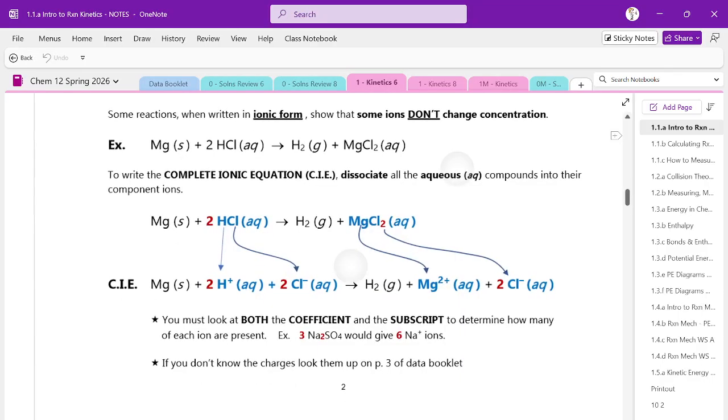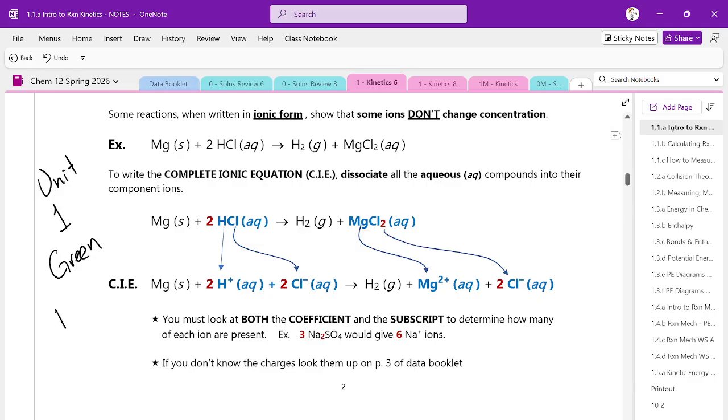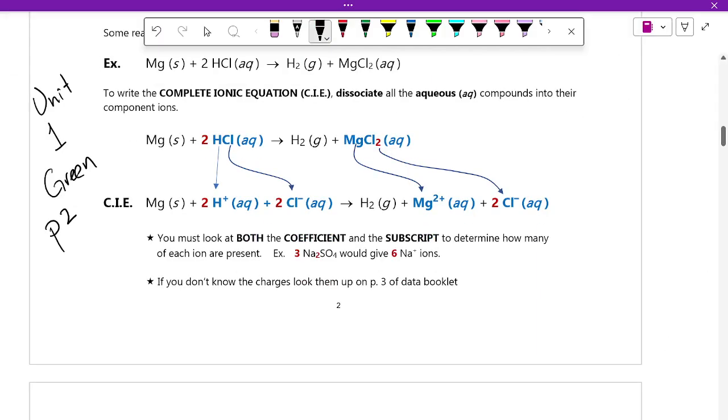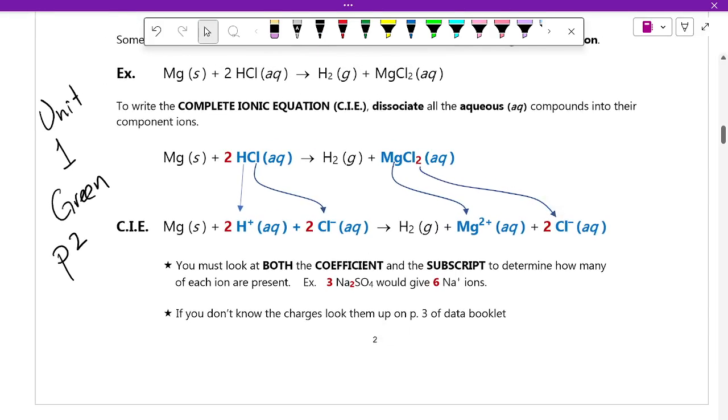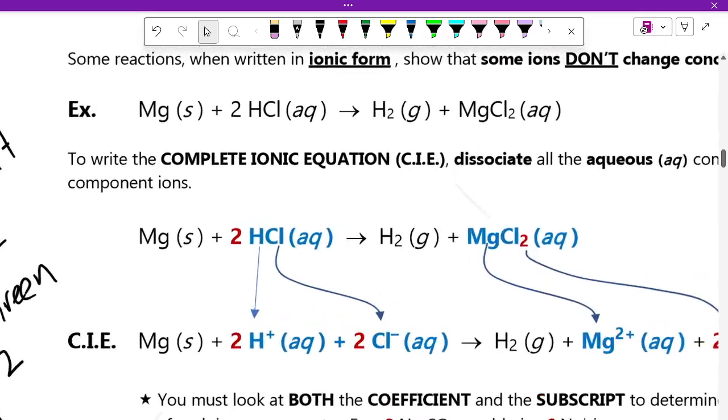And we had at the bottom of page 2 in our green book, unit 1, so at the bottom of page 2 in our green book, we are given this equation here.